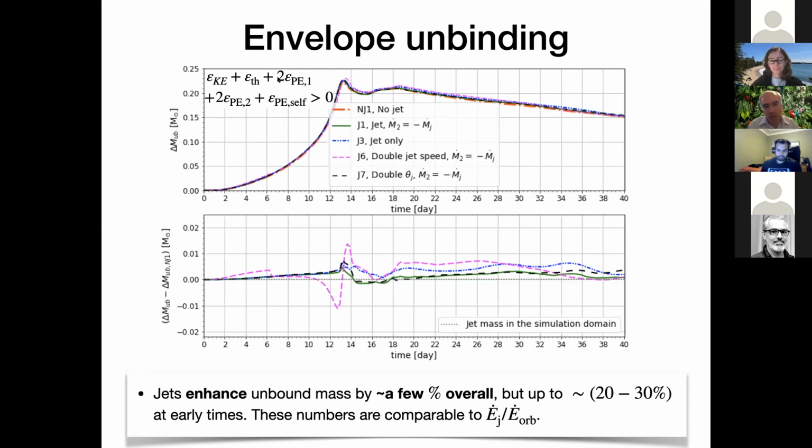But this is a very simple first step where, like your paper with Sagiv, we assume that there's accretion and we assume that there's a jet and we just put it in. But yeah, in my last slide I had that mentioned, but I didn't have time, we have to link the jet and the accretion better.